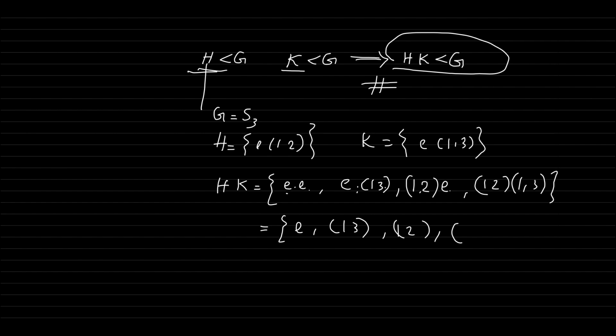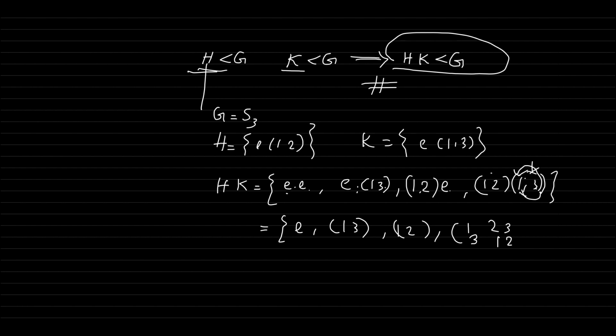What is (1 2) times (1 3)? Here 1 maps to 3, and in the first cycle 3 maps to 3. Here 2 maps to 2, and in the first cycle 2 maps to 1. And in this cycle 3 maps to 1, and in the first cycle 1 maps to 2.